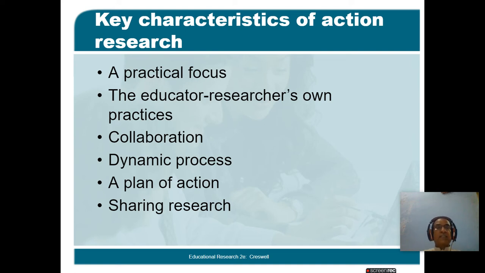Another characteristic of action research is sharing research. Most teachers share their research. For example, a head teacher conducts research and shares it with other head teachers. Similarly, when teachers conduct research, they share it with other teachers. But such research is shared locally.